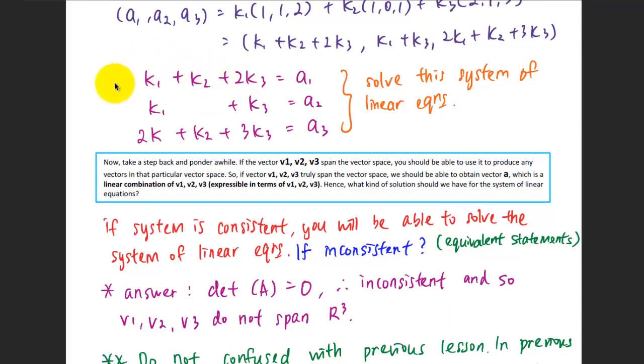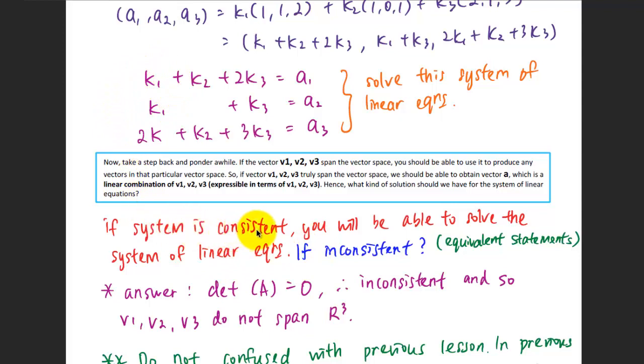If the vectors V1, V2, V3 span the vector space, you should be able to use them to produce any vector in that vector space. So if V1, V2, V3 truly span the vector space, we should be able to obtain a vector A which is a linear combination of V1, V2, V3, which means that A is expressible in terms of V1, V2, and V3. Hence, what kind of solution should we have for the system of linear equations?